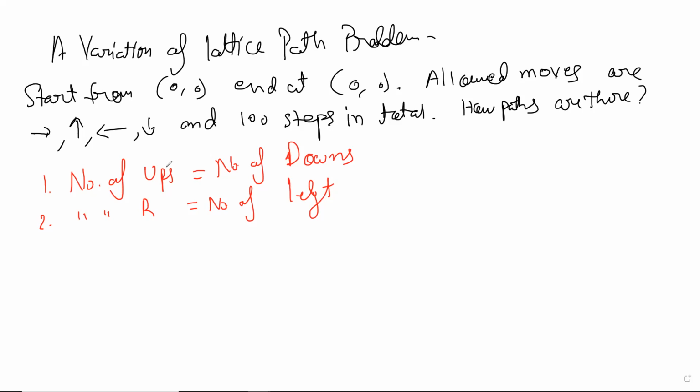But you have only 100 steps in total. Yes, that's what it seems like. But can you think of a way to simplify it? That's the challenge. Is there a way to?